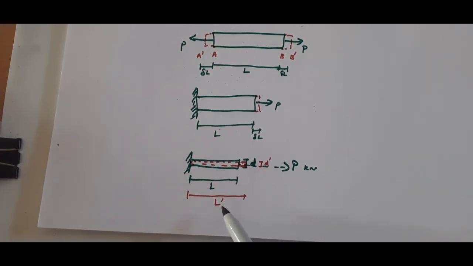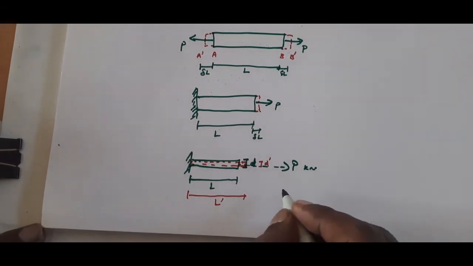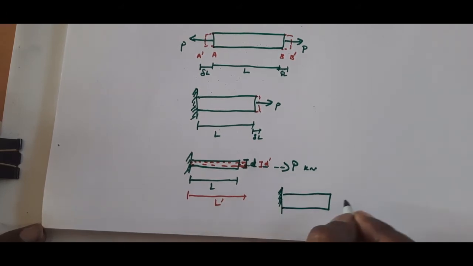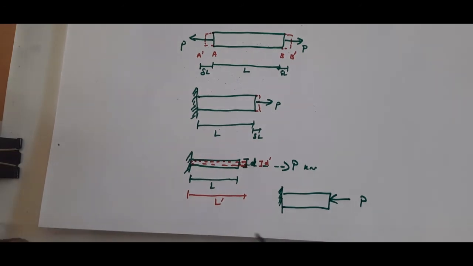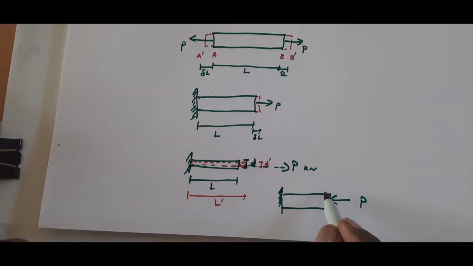length is also changing. Similarly, if you assume another beam which is loaded with compression, automatically the length decreases with the increase in dimension.